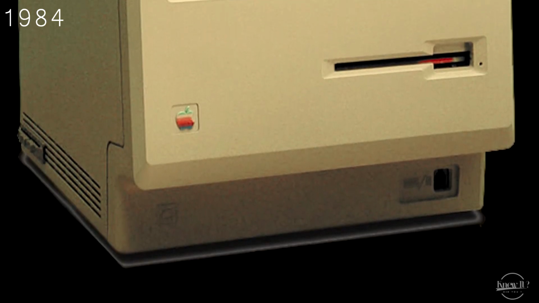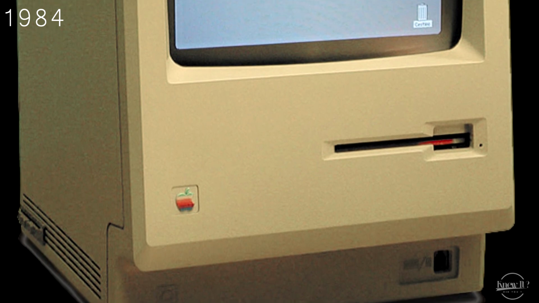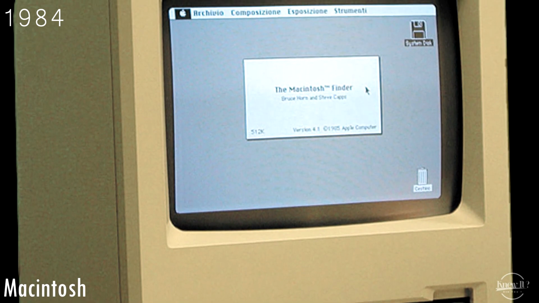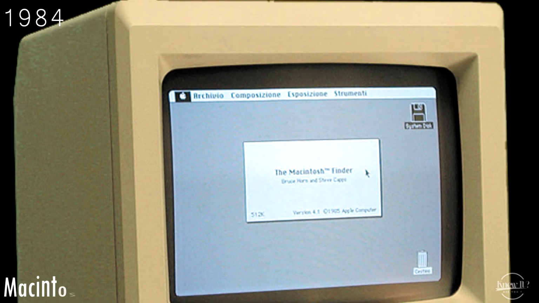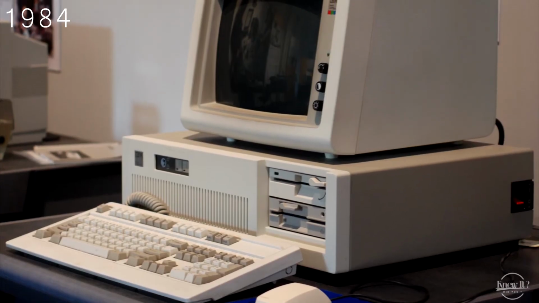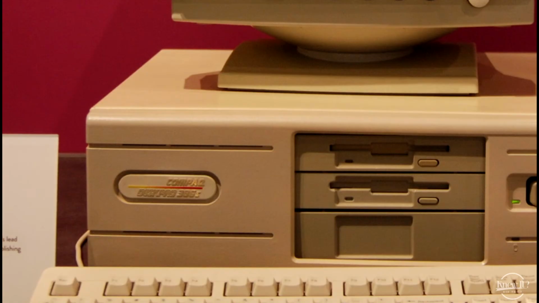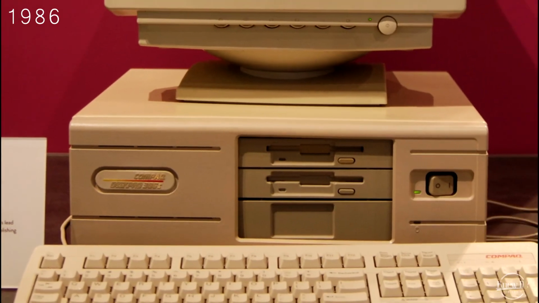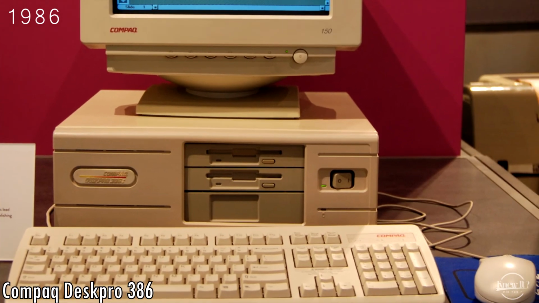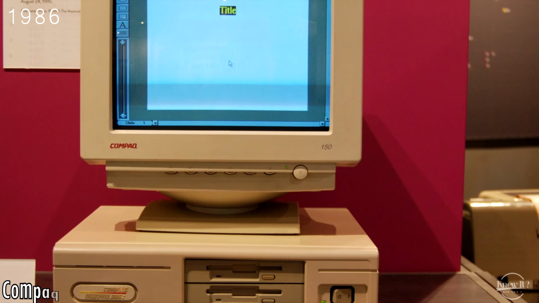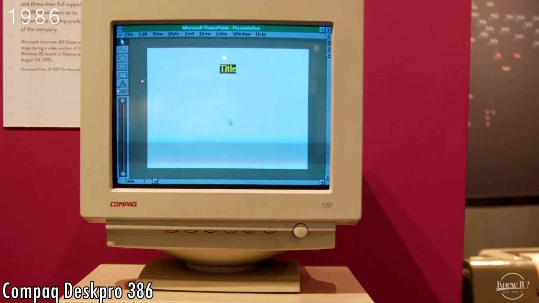In 1984, Apple introduced the Macintosh computer, which incorporated a unique graphical interface, making it easy to use. The same year, IBM released the 286 AT. In 1986, Compaq released the Desk Pro 386 computer, the first to use the 80386 microprocessor.